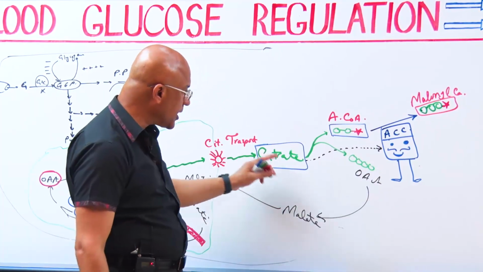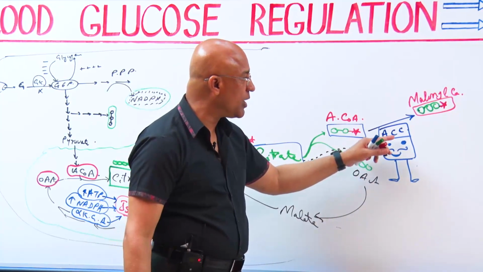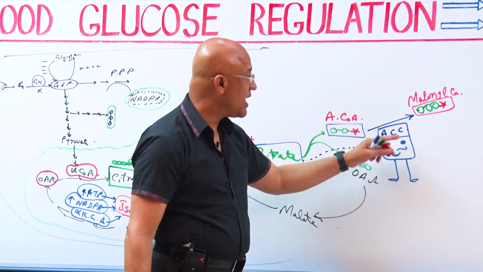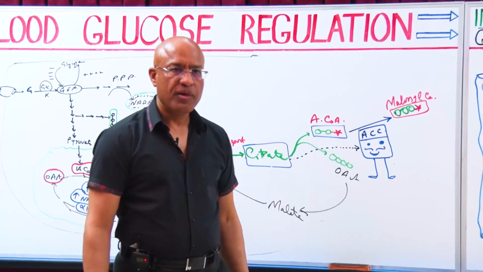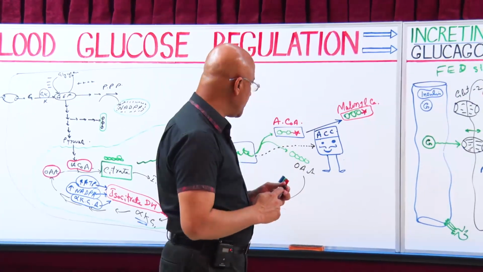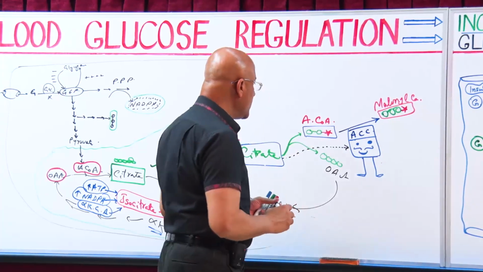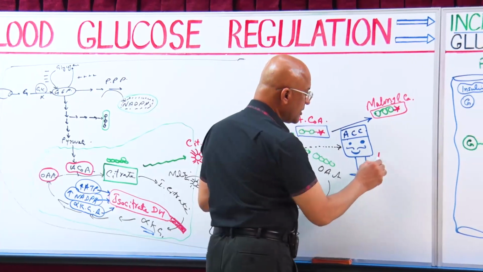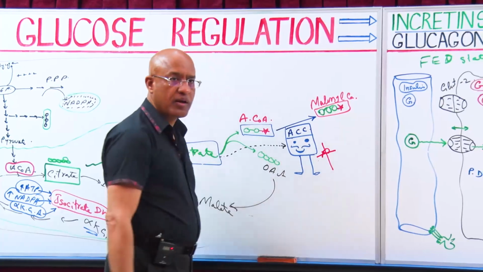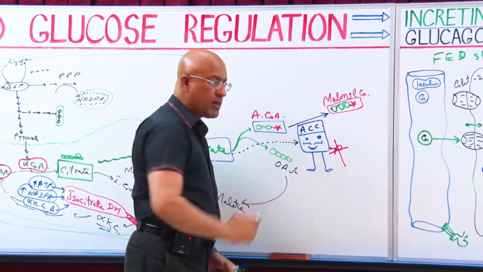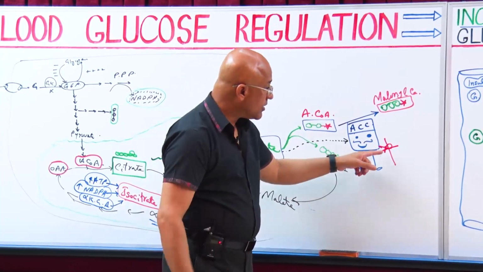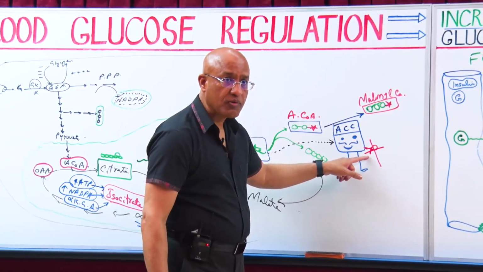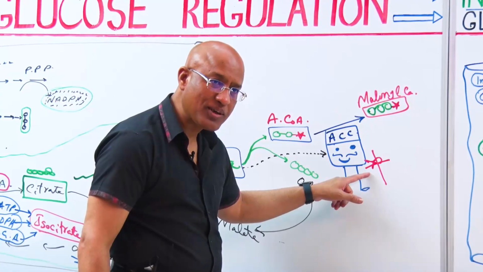So the more citrate comes here, the more acetyl-CoA carboxylase is activated and converting the acetyl-CoA into malonyl CoA, number one. Number two, insulin leads to dephosphorylation. The phosphorylation is broken. Insulin leads to dephosphorylation of this enzyme, and when dephosphorylation occurs, that will also lead to activation.